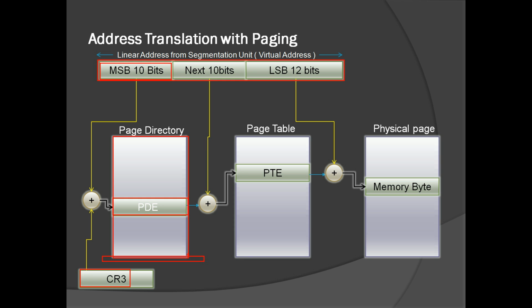Page table directory entry is a pointer to the page table entry along with the next 10 bits of the virtual address. So adding the first 20 bits of page table directory entry with the middle 10 bits of the virtual address will lead us to the page table entry inside the page table.